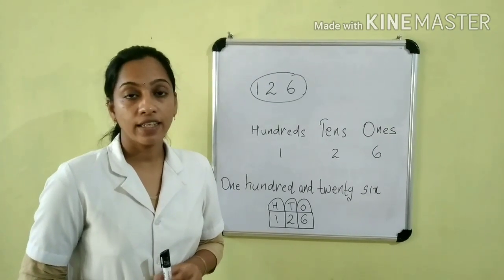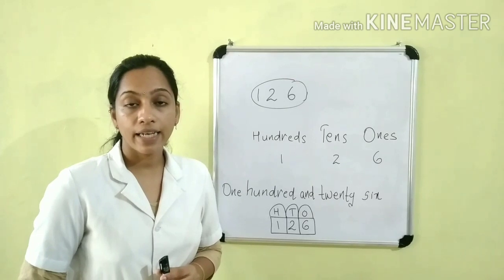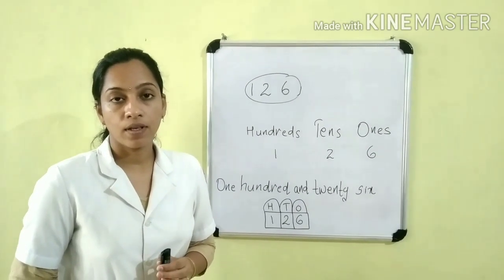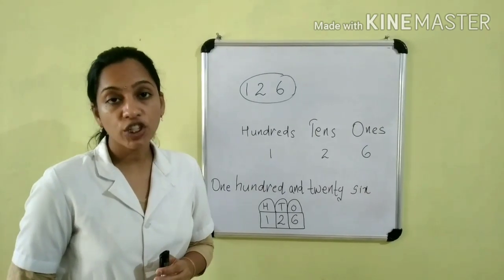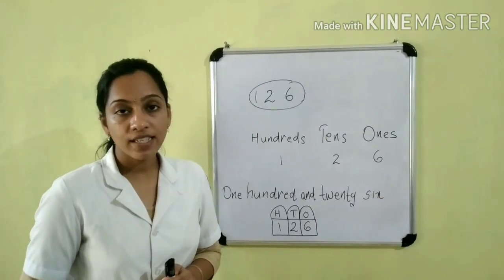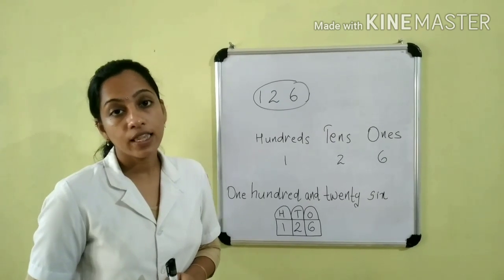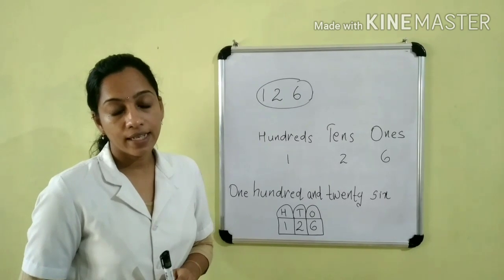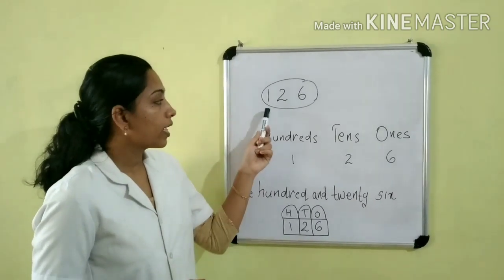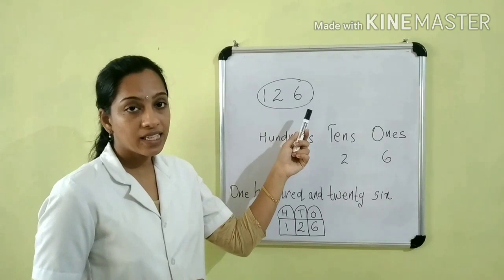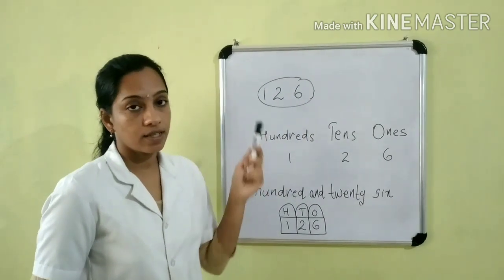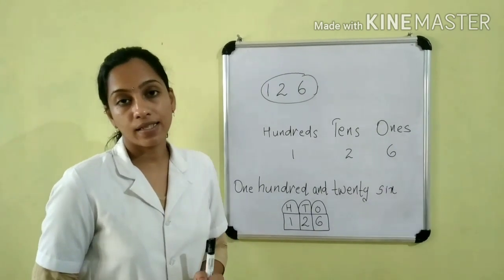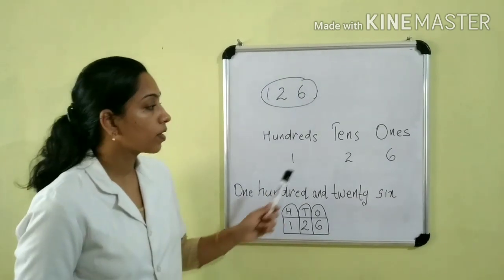Children, we know that a two-digit number contains two places, tens and ones. But in the case of a three-digit number, we can see it contains three places or three digits. Let us see one example. In this number, you can see three digits. That means a three-digit number contains three places. Let us check.